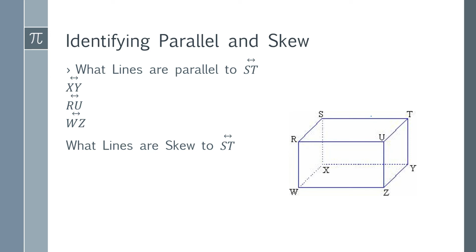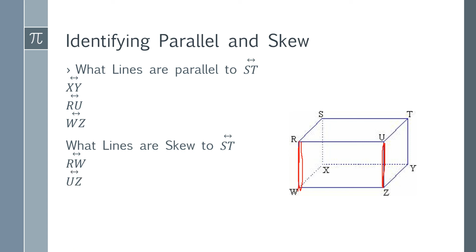But it would never be able to intersect ST. So the two obvious ones, at least I say they're obvious, would be RW, excuse me, right here, and UZ. So those are the obvious ones.